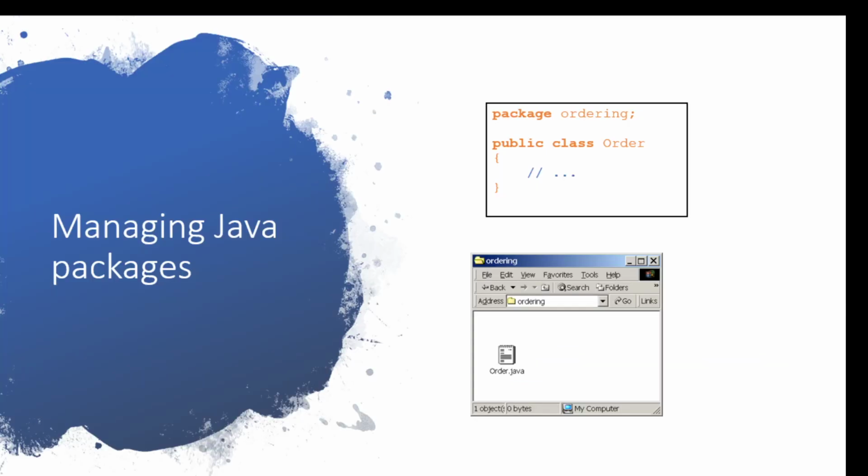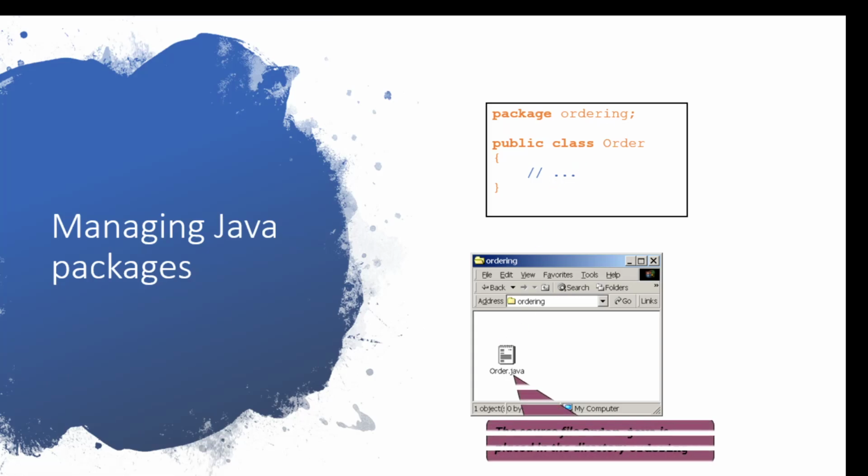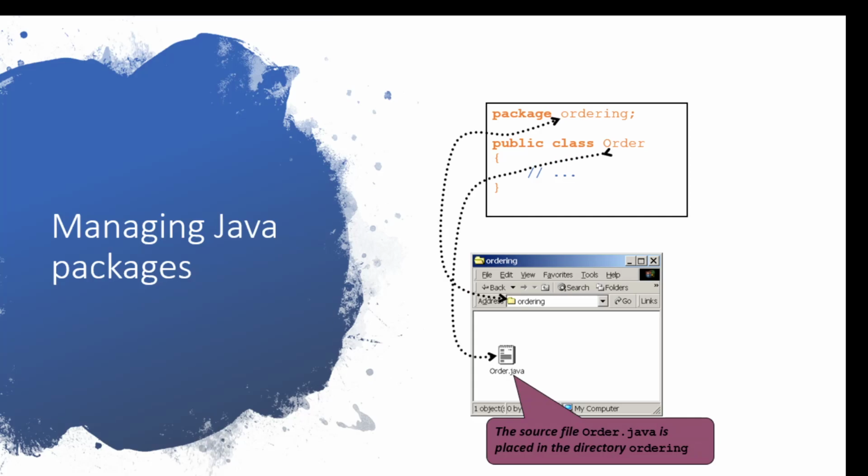The practical limitations in Java, though, says that when I say something is in a package, I do so by saying it's in package ordering in this case. It must be in a folder called ordering, and the file names must match as well. We talked about that before. So the file names order and order.java. The folder name ordering must match the package name, and that package name must match all the way down to the source folder.